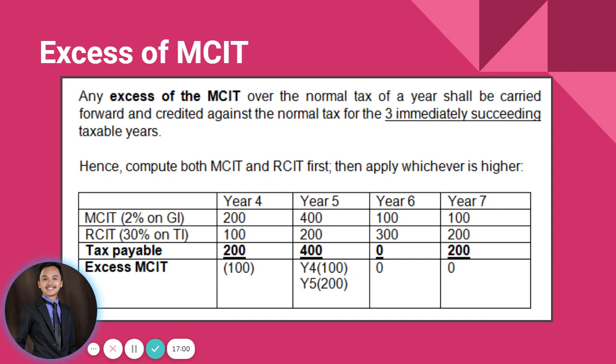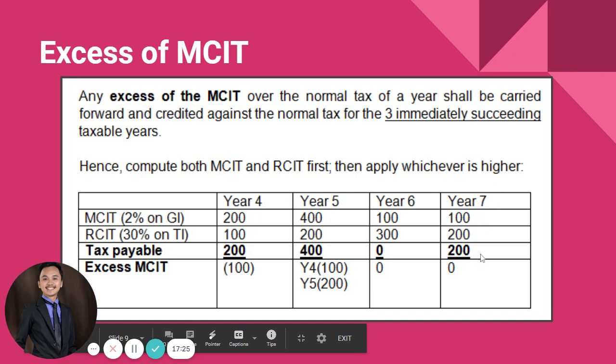Continuing the illustration, let us say on year 7, we have an MCIT of 100,000 and an RCIT of 200,000. So in this case, guys, we no longer have a balance of our excess MCIT. So that means our total tax due is 200,000 and at the same time, our tax payable will also be 200,000 because we no longer have a balance of excess MCIT that we could credit against the tax due.